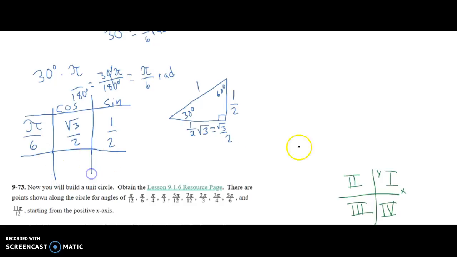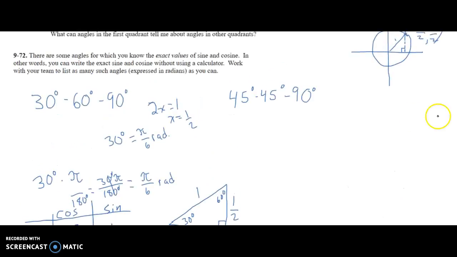And now if we did something similar for a 45, 45, 90 triangle, first, once again, we would want to convert it like we did over here to find how many radians we have. And if we convert 45 degrees by multiplying it by pi over 180 degrees, this is all going to simplify down to pi fourths.